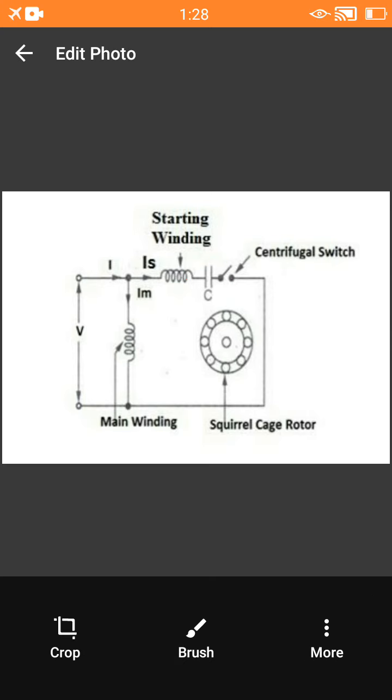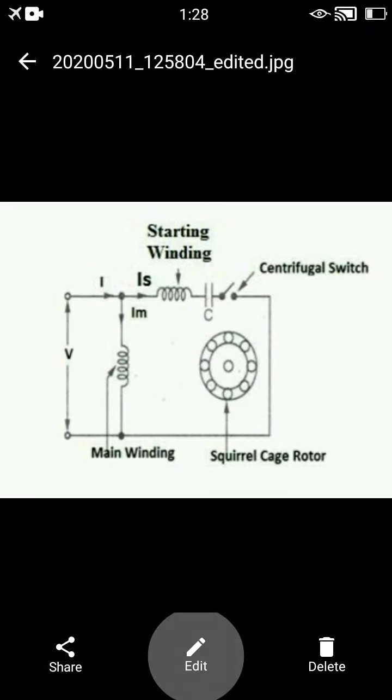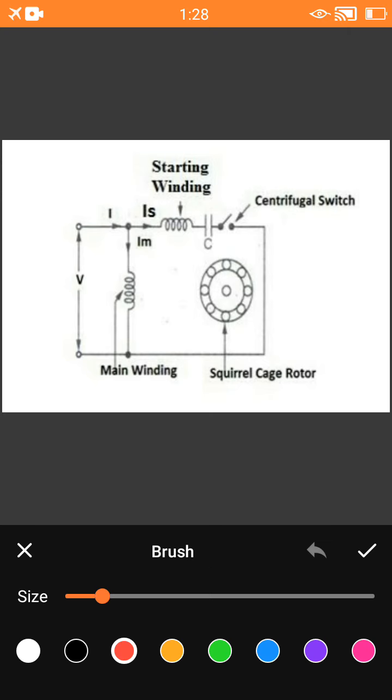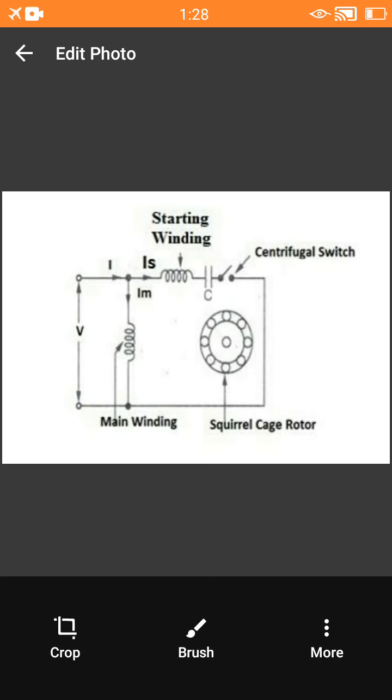So this is the stator of a single phase induction motor. The rotor of a single phase induction motor is again a cage type of rotor, which is mounted inside the stator of the induction motor. This type of rotor is called a squirrel cage rotor.